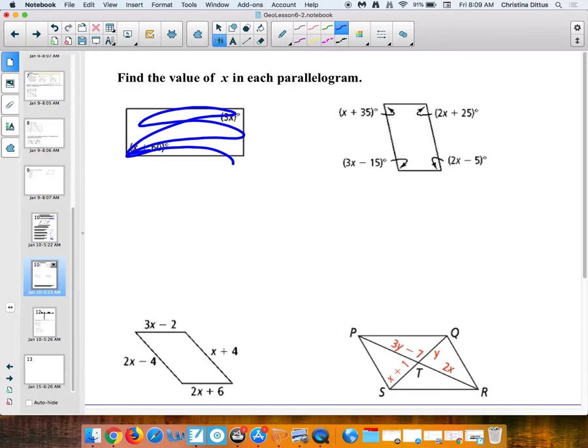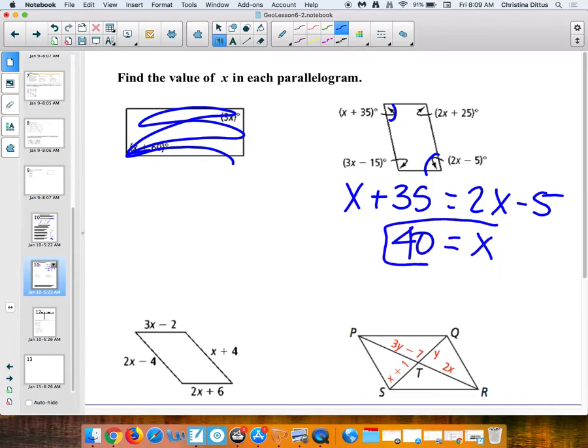Let's use x plus 35. What's opposite of that? 2x. So what should I do with those two things? Set them equal. X plus 35 equals 2x minus 5. So I subtract my x, add my 5, and I get x to be 40.